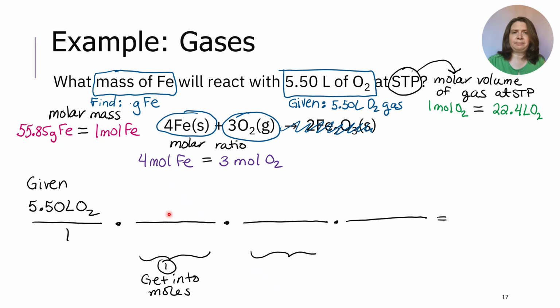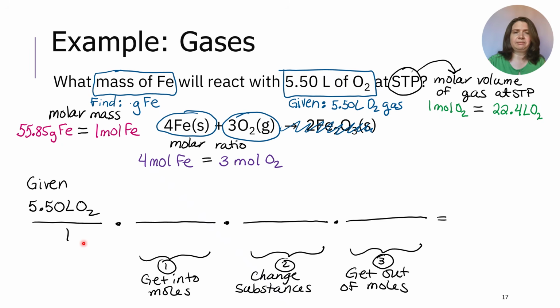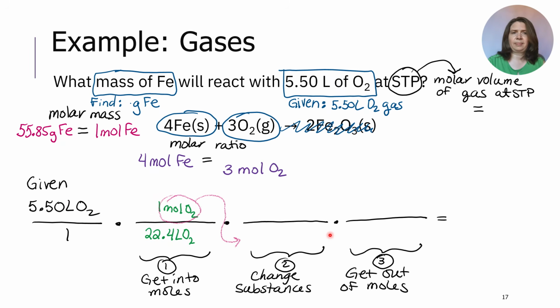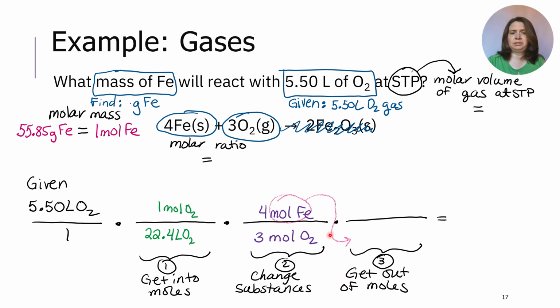Our first step is to convert from liters of oxygen into moles of oxygen using that molar volume. Next, we need to convert from moles of oxygen to moles of iron using that molar ratio. And lastly, we need to convert from moles of iron into grams of iron using its molar mass.